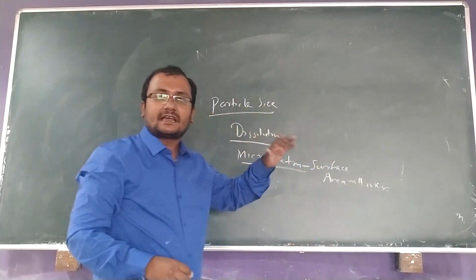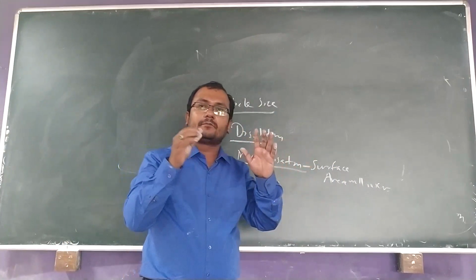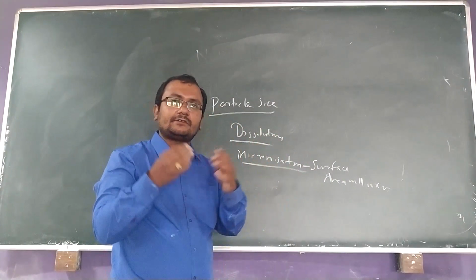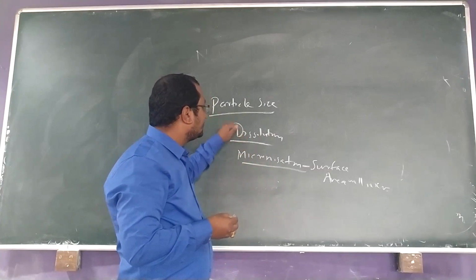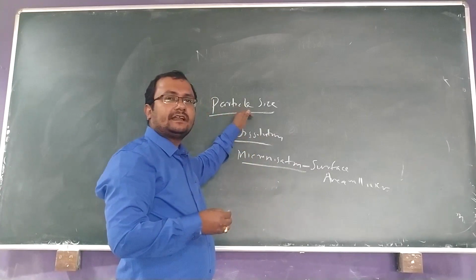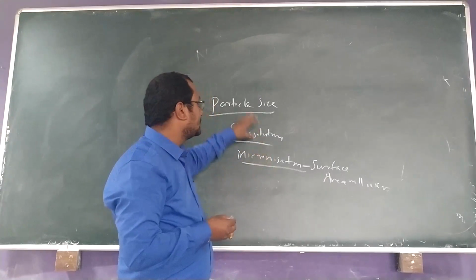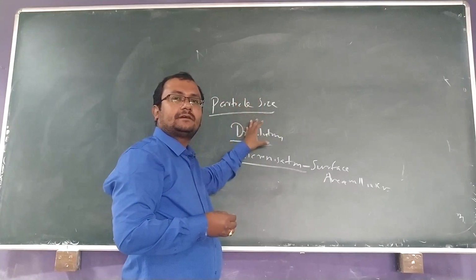When the surface area increases, it is exposed to more dissolution medium and it will dissolve easily. So that's why decreasing the particle size increases the dissolution and the bioavailability of the drugs.